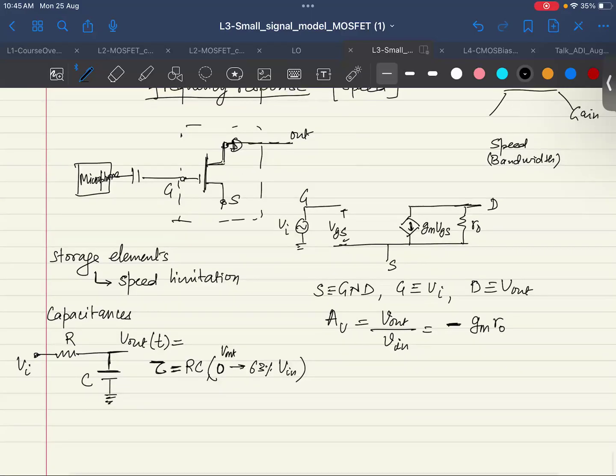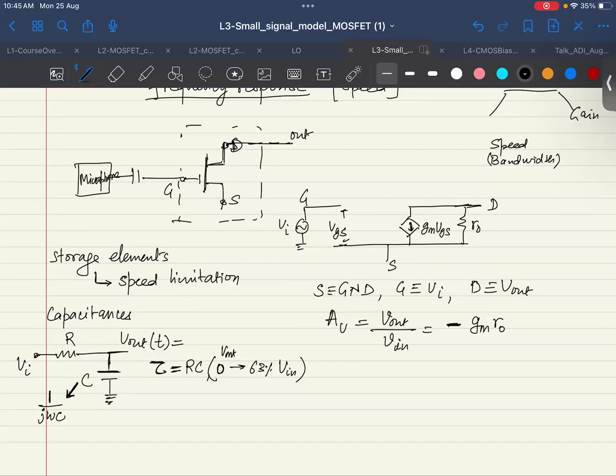And if we were to do this in terms of our frequency response, because we know that this element can be termed as 1 upon sC or 1 upon j omega C, right?